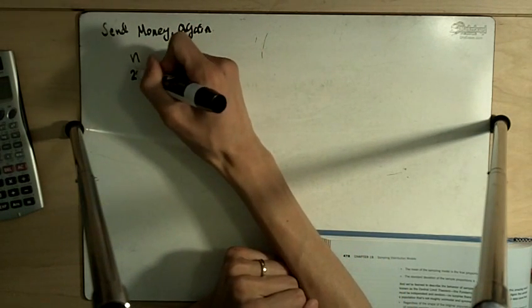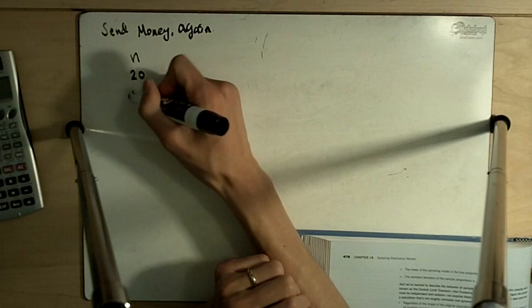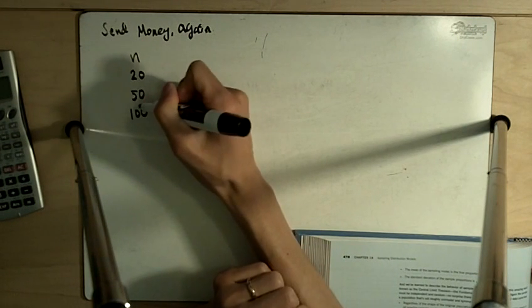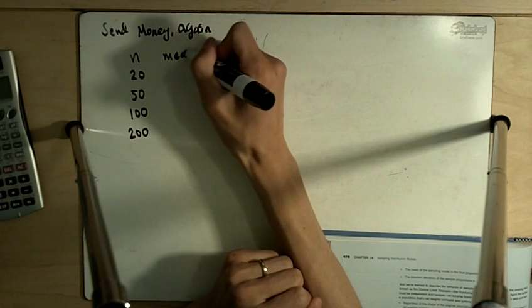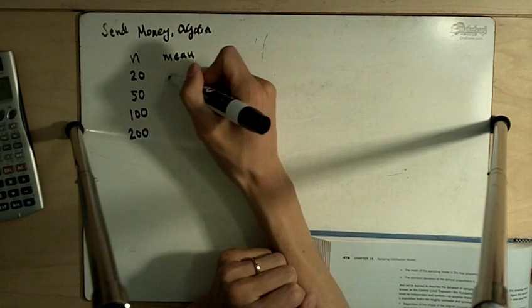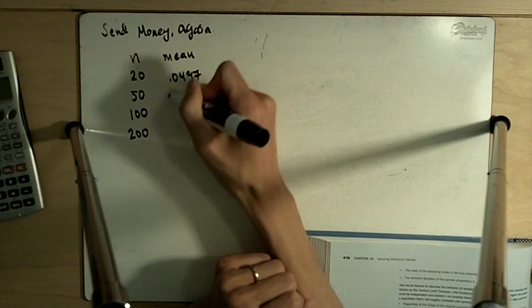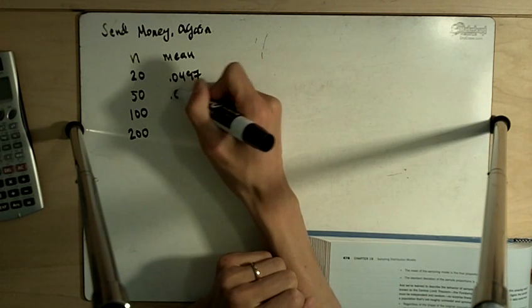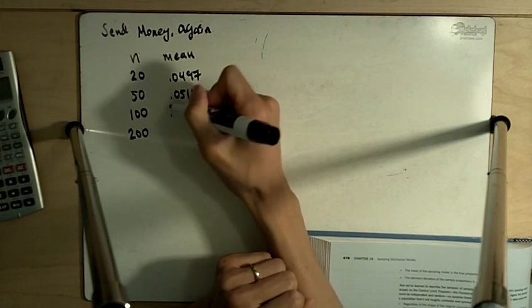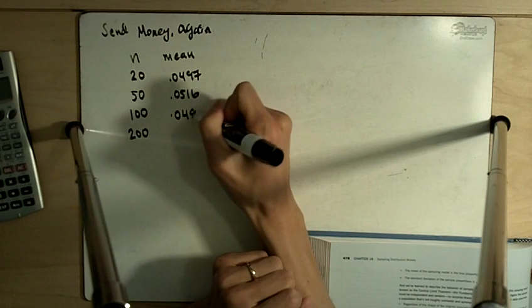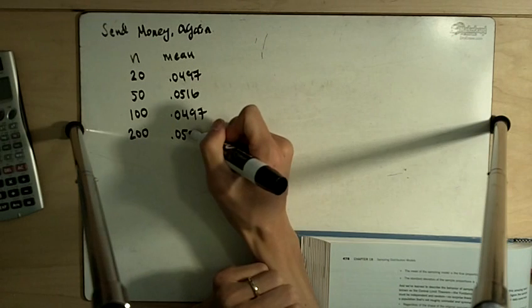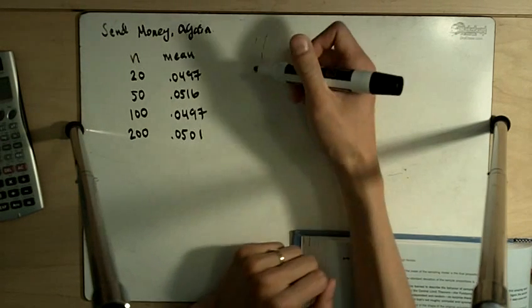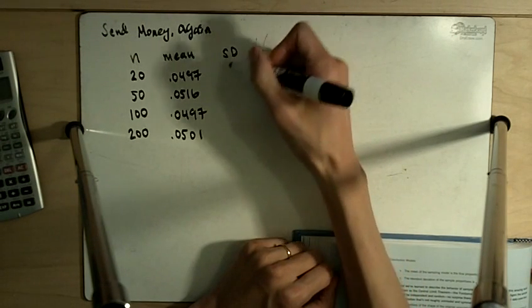So we have sample sizes of 20, 50, 100, 200. We have the mean. And then the standard deviation.